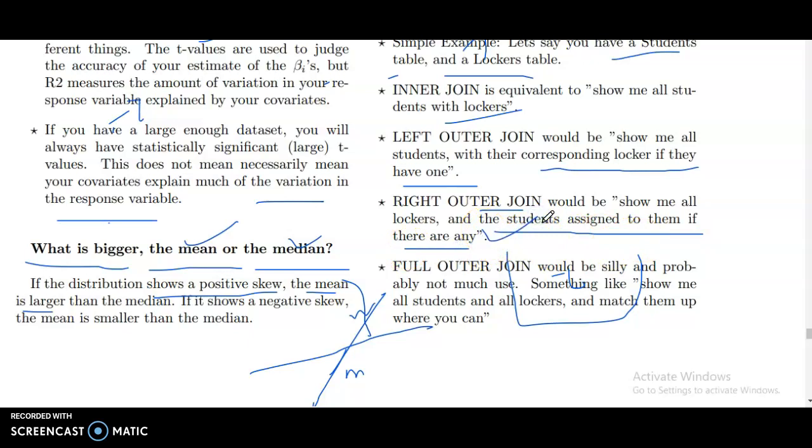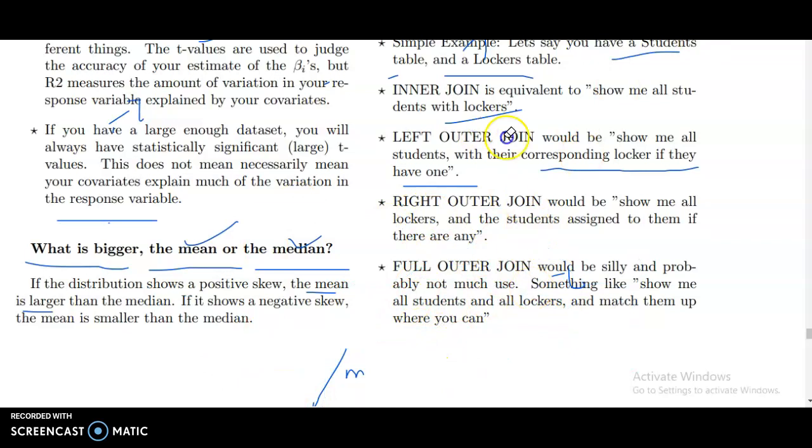Full outer join would be silly and you probably wouldn't have much use for it. Something like show me all students and all lockers and match them up where you can.